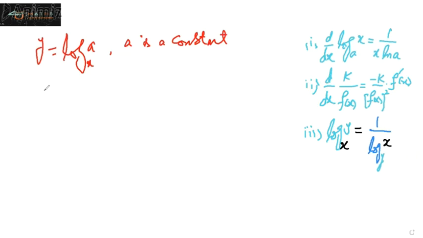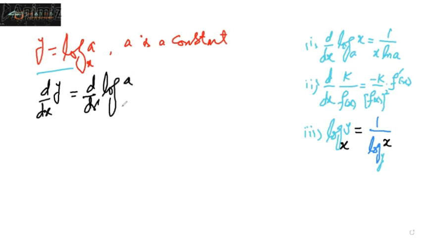Now applying the derivative operator to both sides of this equation, this becomes derivative of log of a to the base x. Now we will first make use of the third one.